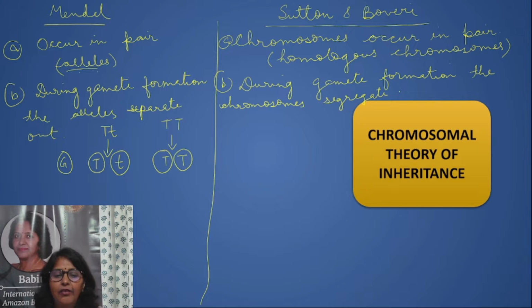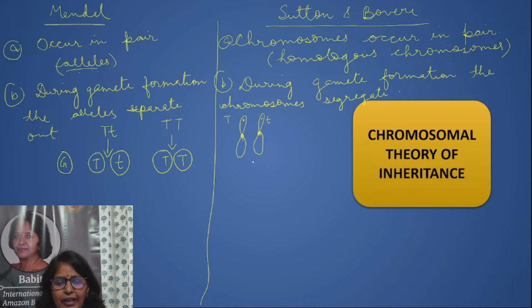Now, let us see what happens in chromosomes. Suppose this is one chromosome and this is another chromosome for the same gene. One capital T is situated on this chromosome and small t is situated on this chromosome. We have seen that during meiosis the number of chromosomes is reduced to half, so all of them are separated.